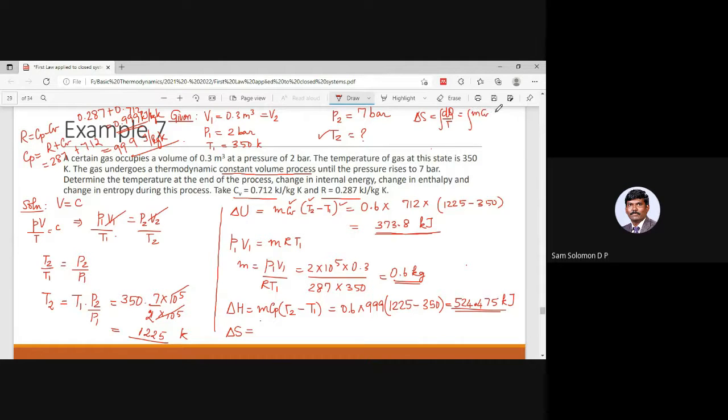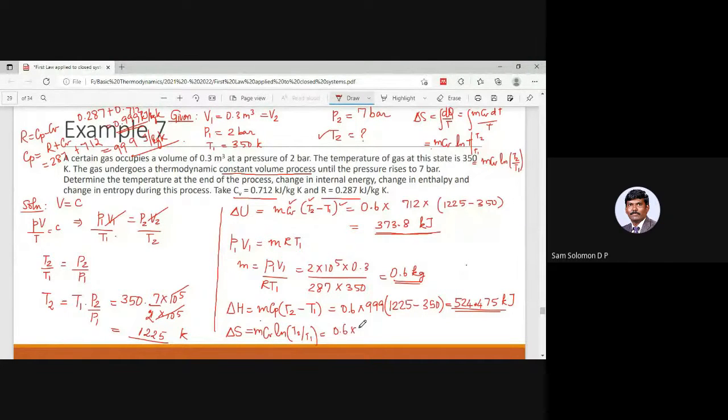So integral of m Cv dT by T. So m Cv can be taken outside, and that is ln T between the limits T1 and T2. So that is m Cv times ln of T2 by T1. You can just derive it, you need not memorize this.